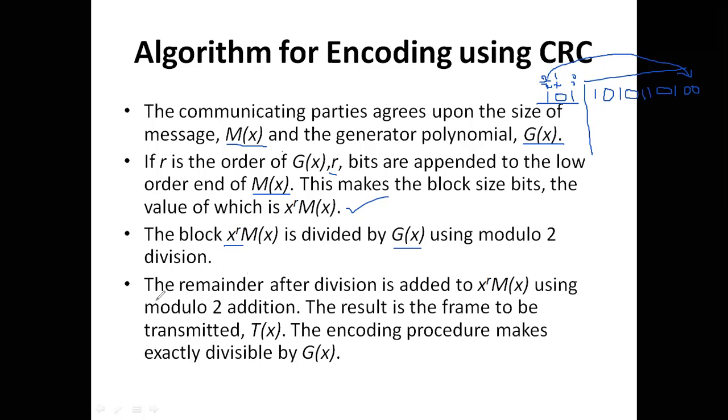Coming to the last step, the remainder after division is added to the message using modulo 2 addition. Here we have to do the XOR process.